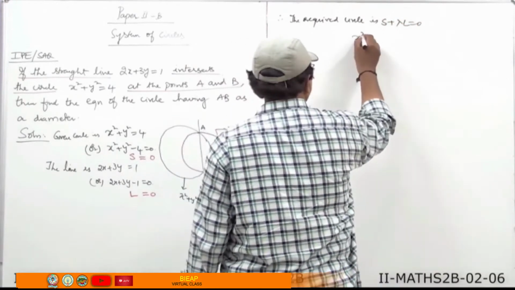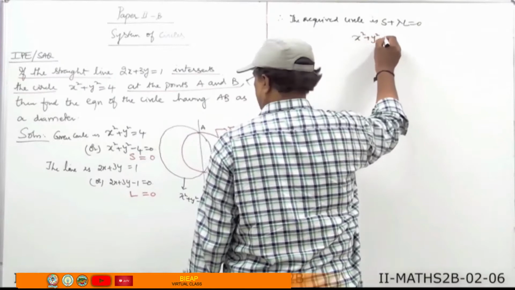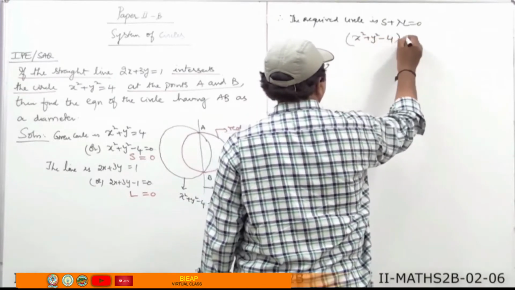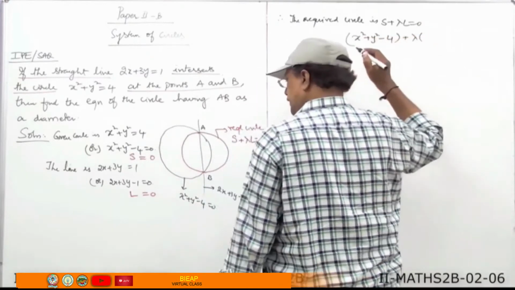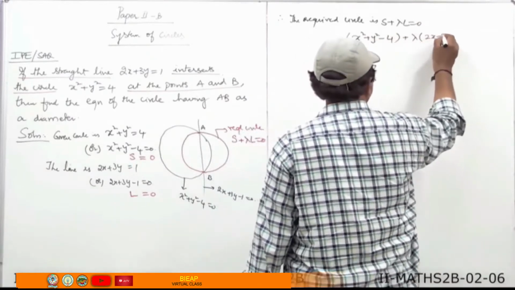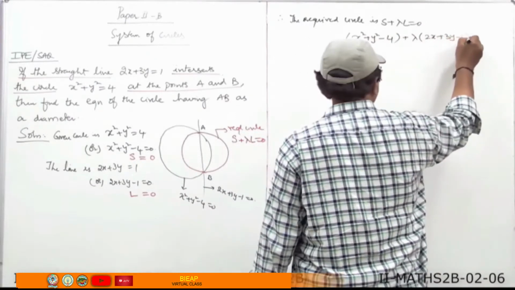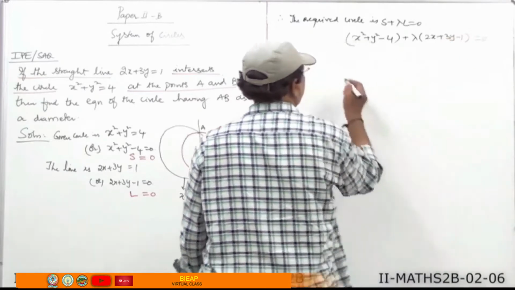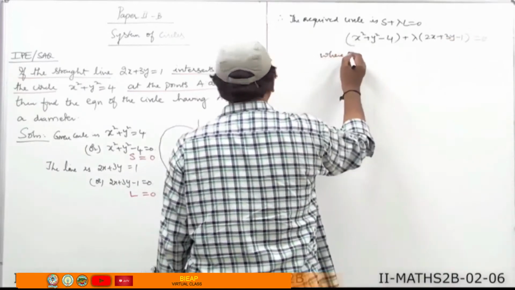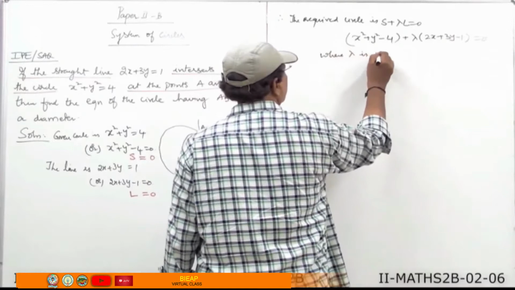S means x square plus y square minus 4 plus lambda into L, 2x plus 3y minus 1 equal to 0, where lambda is unknown.